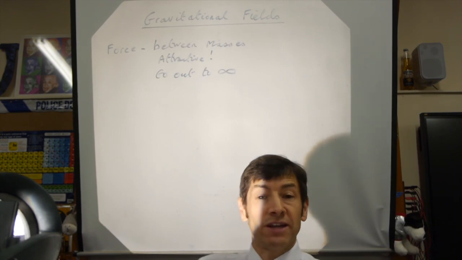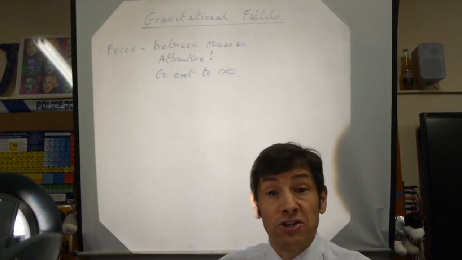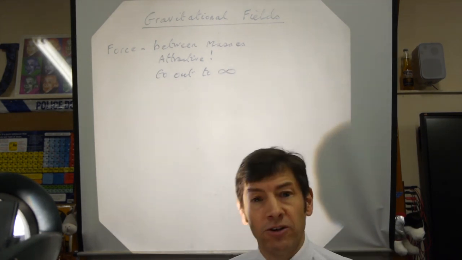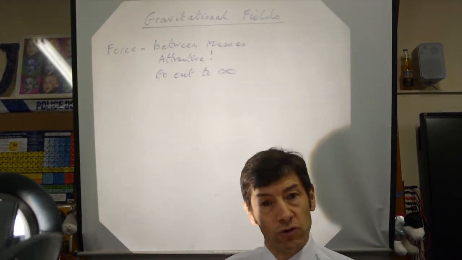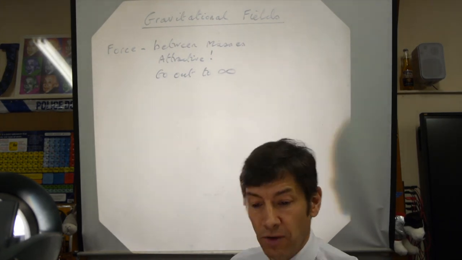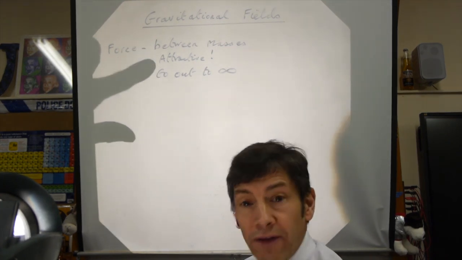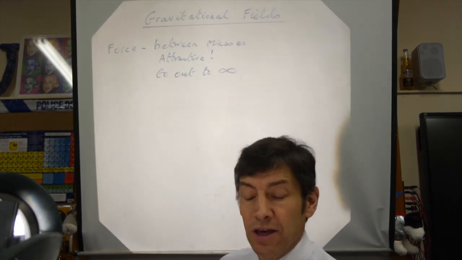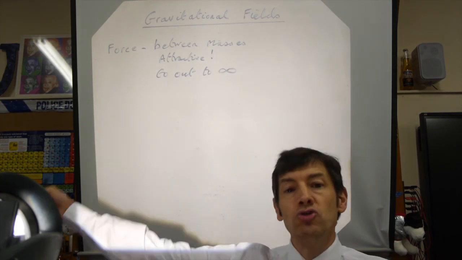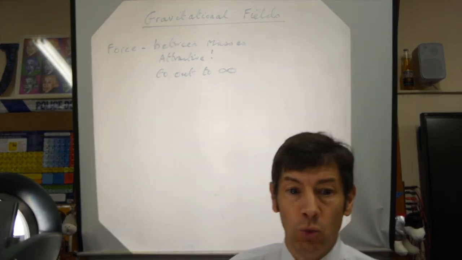Electrostatic forces between pluses and minuses are very strong indeed. It causes your hair to stand on end and things like that, when you rub your hair, but very short range. So gravity, only between masses, only ever attractive, and it is huge ranging, and therefore very, very weak.